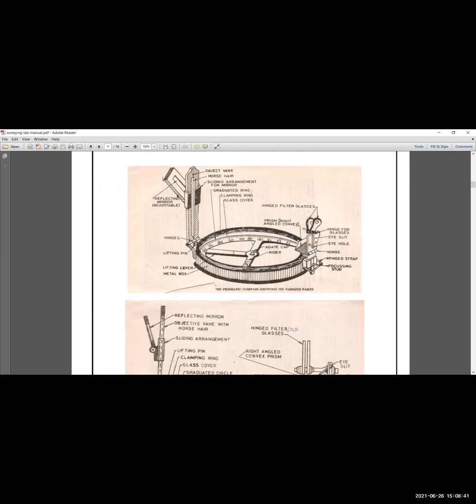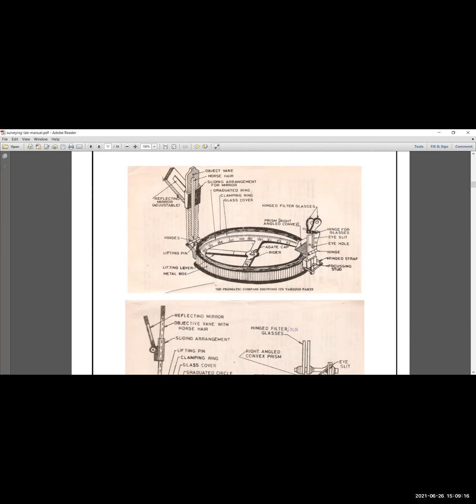So this is the circular part which has a rider and also shows the north direction. That is hinged with filter glasses. There is a prism attached at a right angle, convex. This is the hinge for the glass.